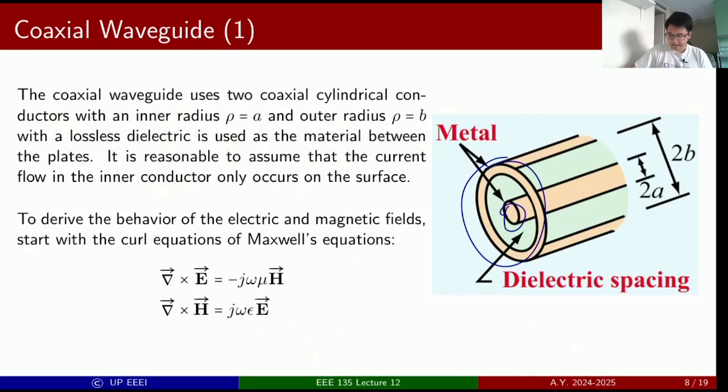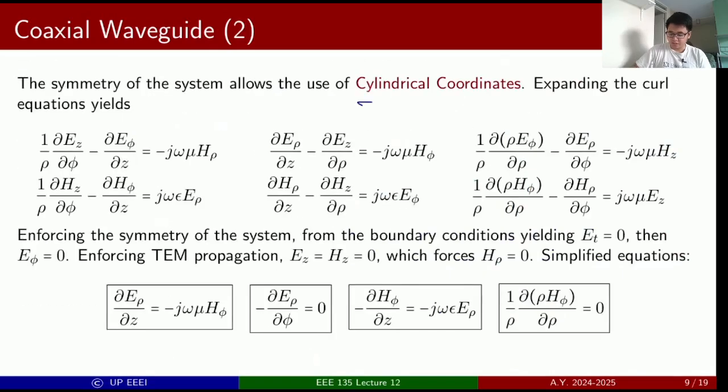You can still apply Maxwell's equations similarly to this system, but in this case, you're going to use cylindrical symmetry, so you have to use the cylindrical coordinate version of the curl equations, and they simplify to 6 different equations for your rho component, phi component, and your z component. So these are the 6 equations that came from Maxwell's curl equations.